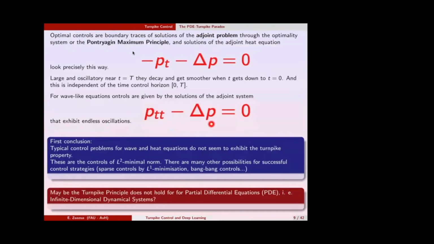Well, the reason is precisely what we have shown: for the wave equation, the control is given by the adjoint of the wave equation. And for the heat equation, using the transmutation principle, you will see that the control is given by the adjoint of the heat equation.